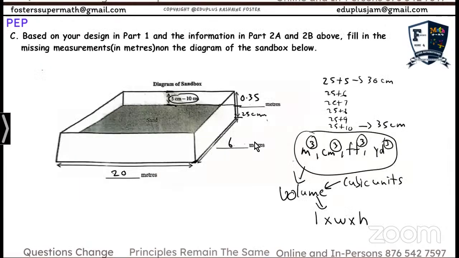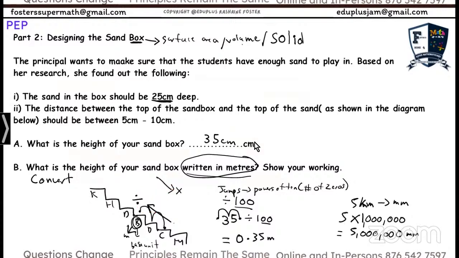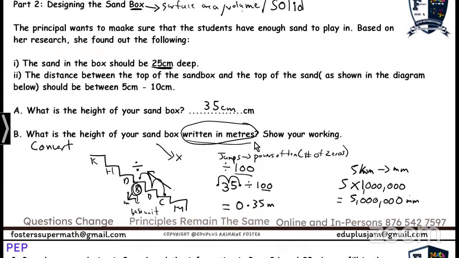All right, hold on. Let us go back to right here. What are we converting? Isn't it centimeters to meters? And how do we convert centimeters to meters? We divide by 100.